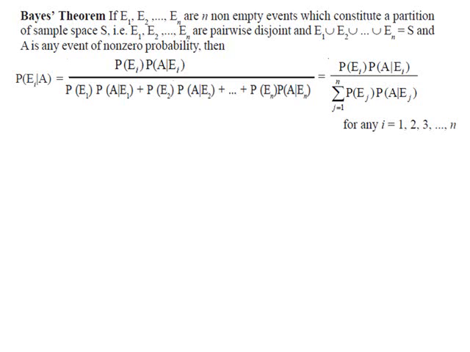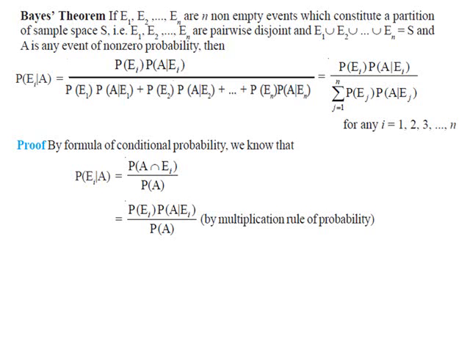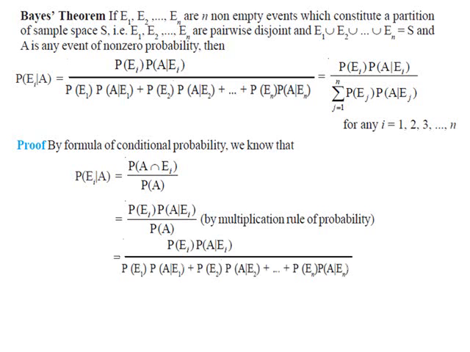Students, by the formula of conditional probability, we know that the probability of Ei given A equals P(A intersection Ei) upon P(A). Now, by the multiplication rule, P(A intersection Ei) equals P(Ei) multiplied by P(A given Ei), and by the theorem on total probability, we write the value of P(A) as shown.